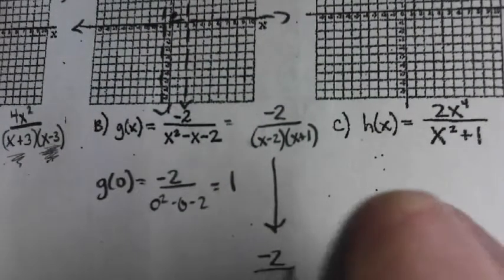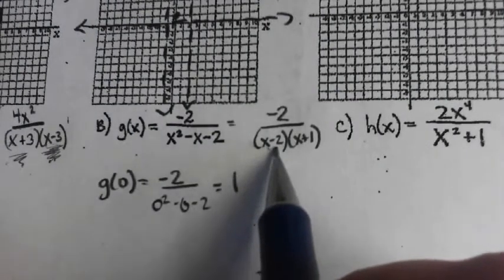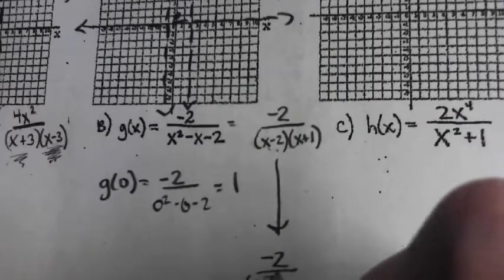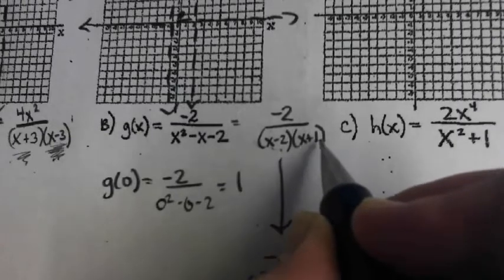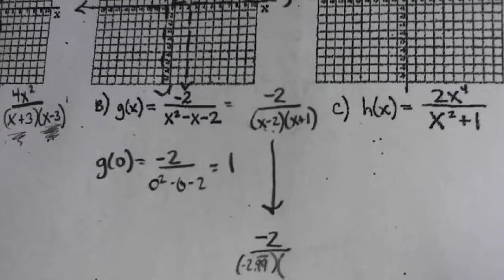I'm going to have -2 over -2.99999, I'll just do 9 repeating, times -0.99999 plus 1 is going to be what?